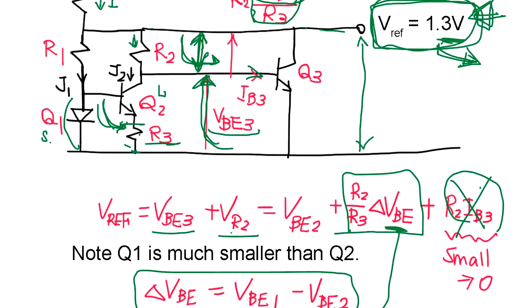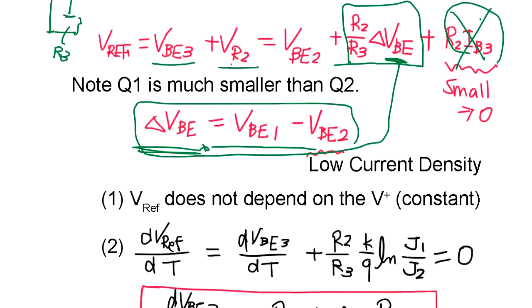Okay, so what happens is the current density is higher, so this voltage across the diode is higher, this much, and this Q2 is larger and the current density is low, so Q2's VBE becomes this much. There is a voltage difference here, and that divided by this guy R3 determines the current, and this current is translated to R2 here, and that's the voltage here. Okay, so that's the mechanism of band gap.